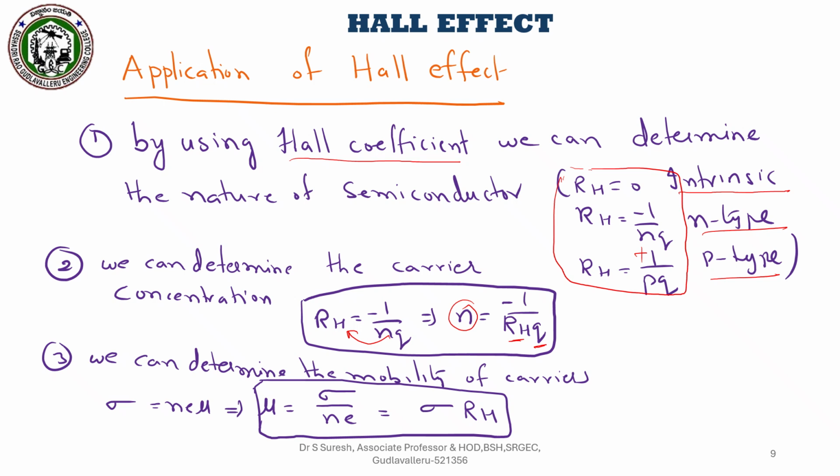But minus 1 by nq we can write as RH. So mu can be determined as sigma into RH. So the three applications of Hall effect in semiconductors are: to find out the type, to find out the concentration, and it is also used to determine the mobility.